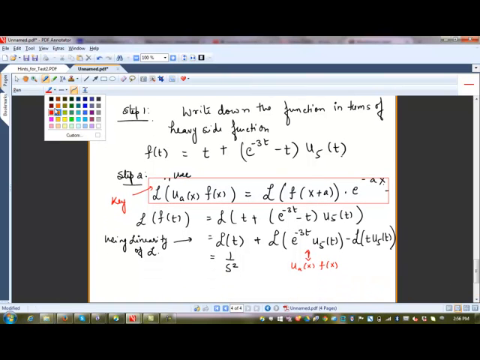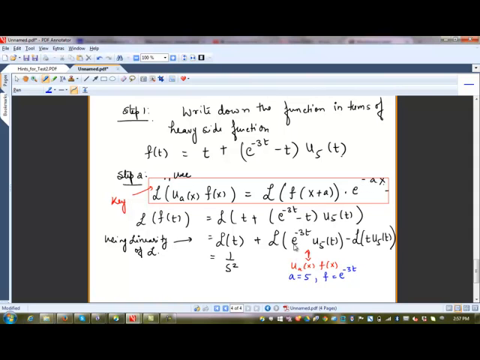And what is my function f? E to the power minus 3t, right? That's my function. E to the power minus 3t is my function. So the formula says the Laplace transform for the translation of a function times e to the power minus as.